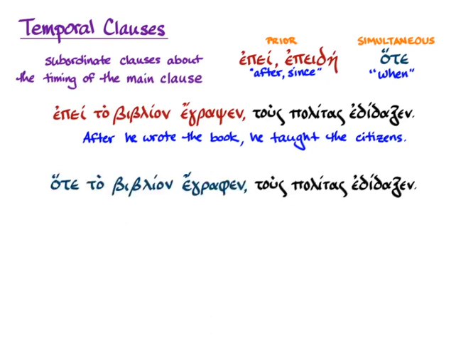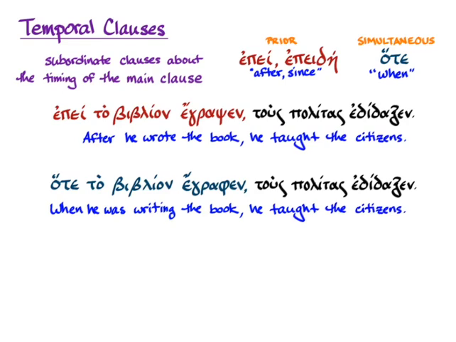We can also do hote to biblion egraphen, tous politas edidaxen. When he was writing the book, he taught the citizens. Again, indicative verbs simply translate the conjunction, and the sentence comes out in English meaning the same thing that it does in Greek.